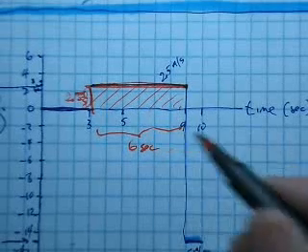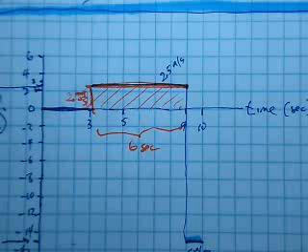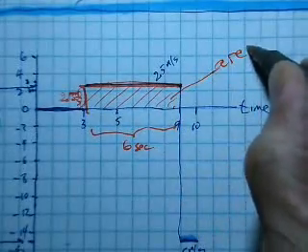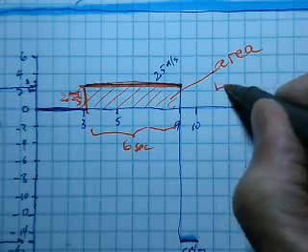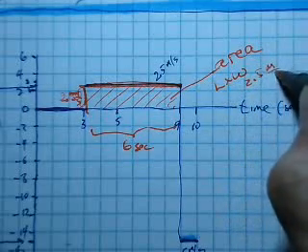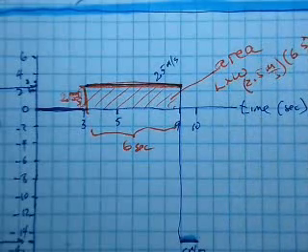When you find the area of a rectangle, what do you multiply? What's the formula for the area of a rectangle? Length times width or base times height? Yeah, base times height, length times width, same thing. So if you multiply length times width, which in other words is 2.5 meters per second times 6 seconds, what happens to the seconds, guys?